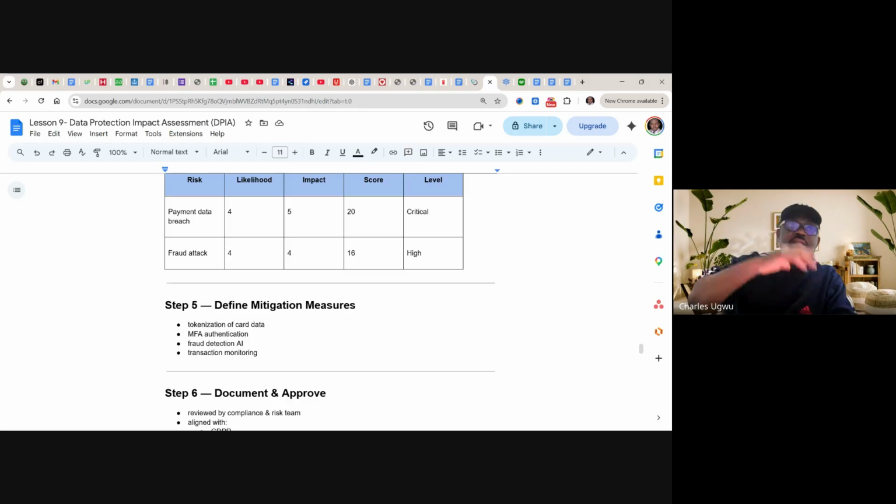Tokenization is adding another layer, so that it's only the person that has that token that can actually authorize. All of us know what tokenization is. If you don't know, you see so many banks now, if you go to the bank, they give you a token.